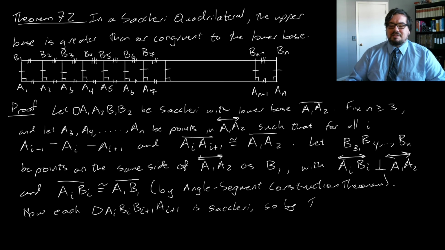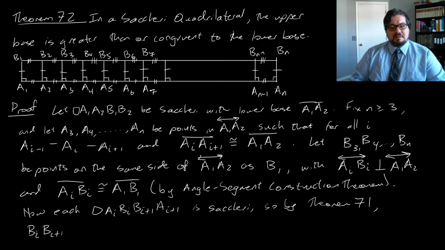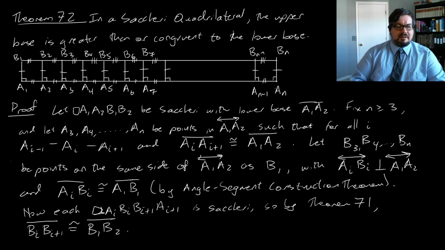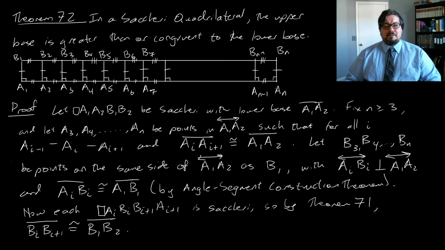So, by theorem 71, the segment Bi, Bi plus 1 is congruent to the segment B1, B2, because each of these Saccheri quadrilaterals have congruent lower bases and sides with the Saccheri quadrilateral A1, B1, B2, A2.